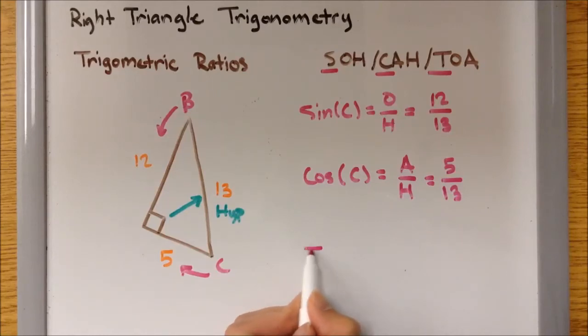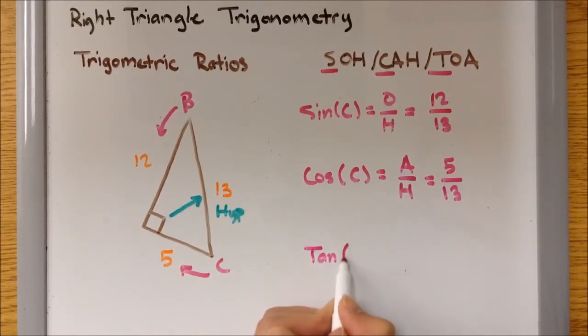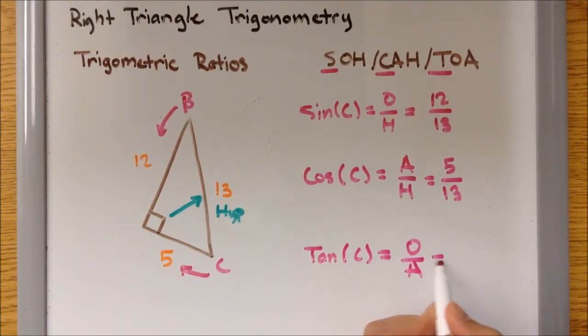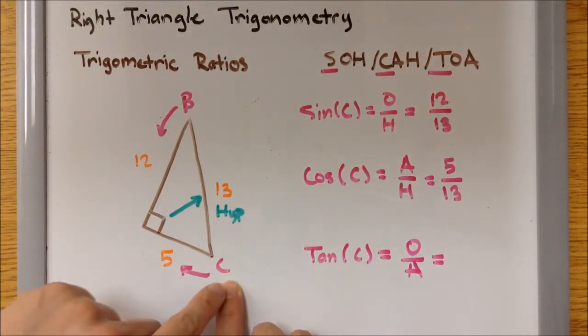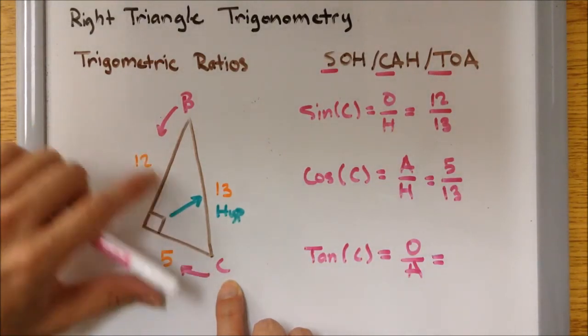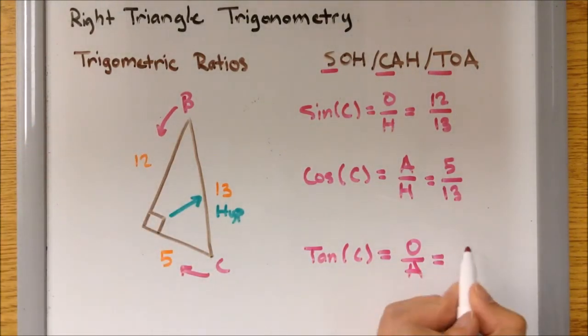And then last, tangent of C is opposite over adjacent. To review, from angle C, what's opposite or across from C is 12. So 12 will be opposite.